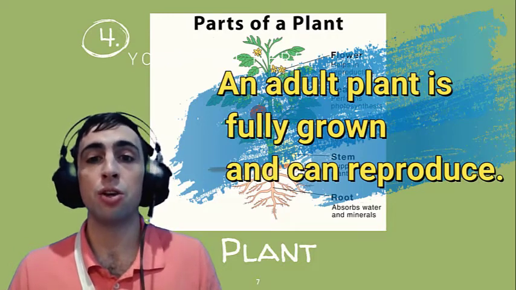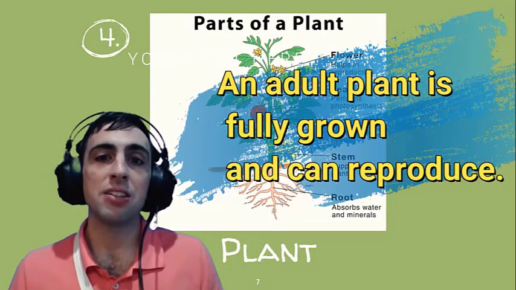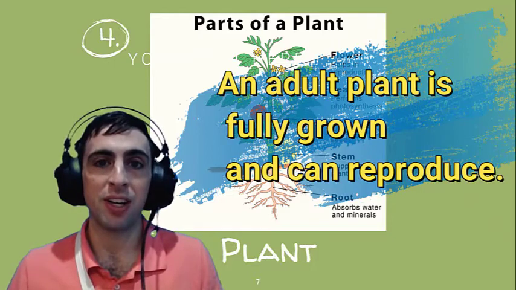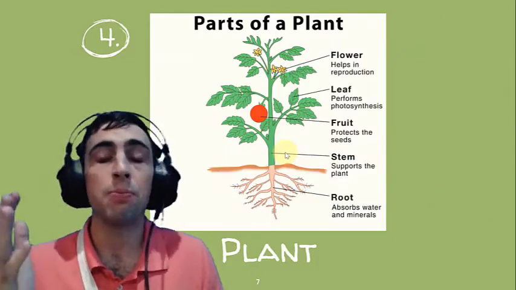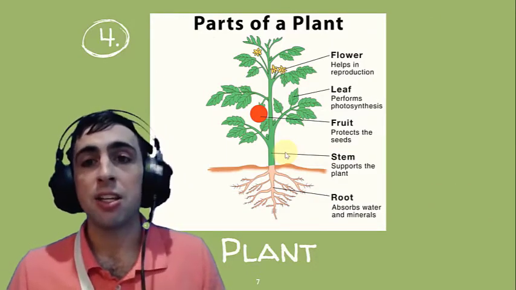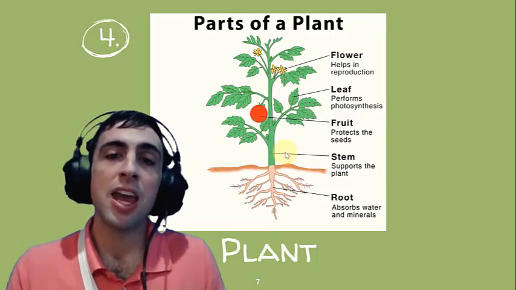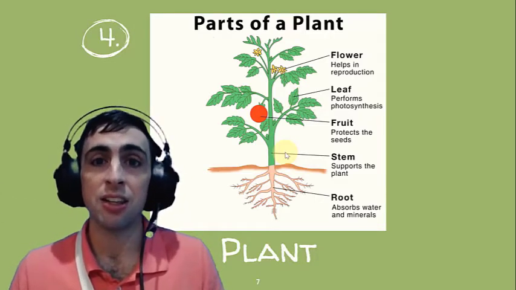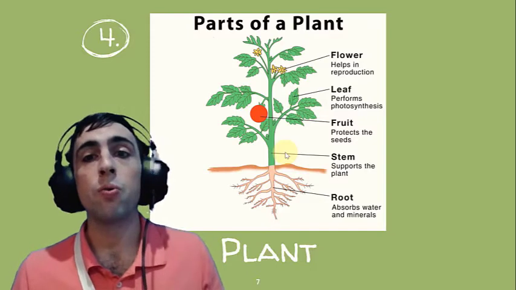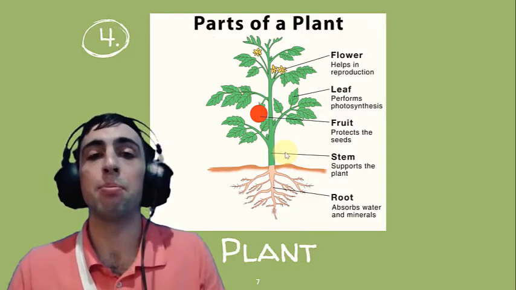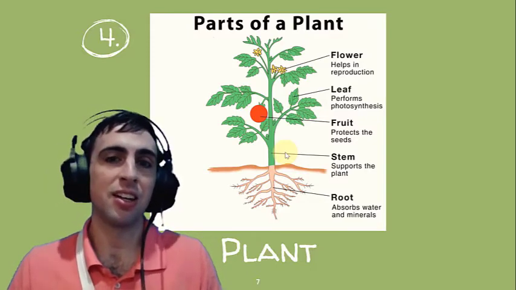When we say adult plant, that means it is grown up already. It can still get a little bit bigger, but it's producing flowers and it can make seeds. We are just calling it a plant to keep it easy.